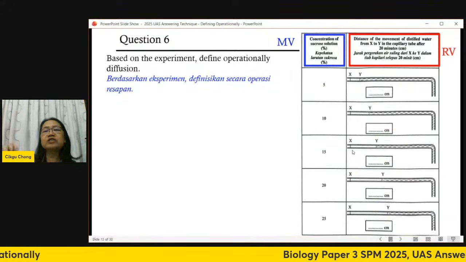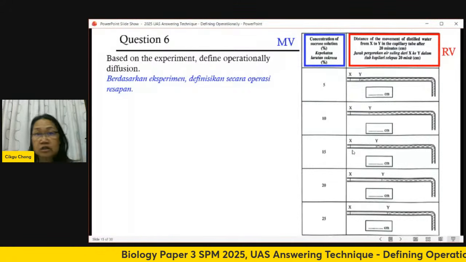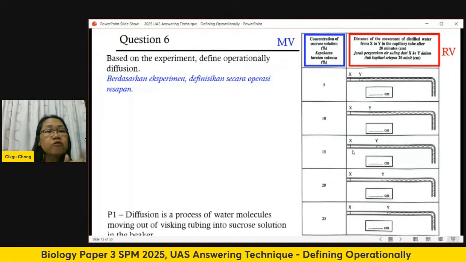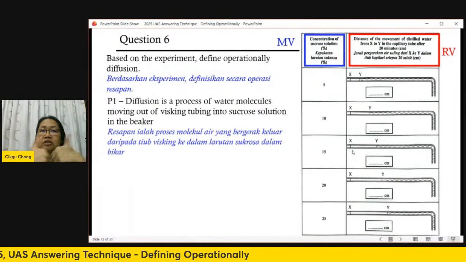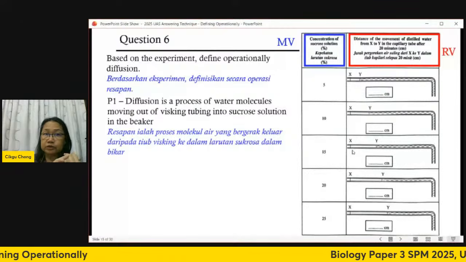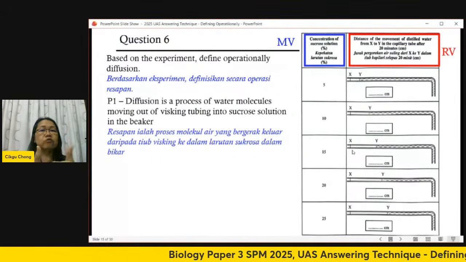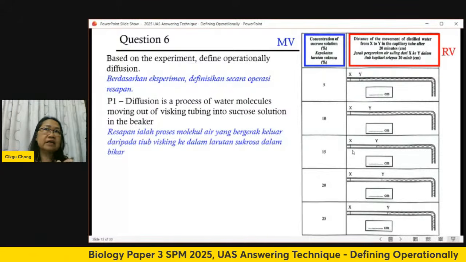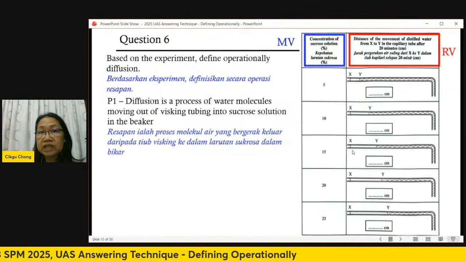You cannot say diffusion is time, or distance. Diffusion is the movement of water molecules out of the Visking tubing into the sucrose solution. So you've got to be specific. You have your water, you have sucrose there, and the movement is from inside the Visking tubing outside. So this is specific to what you were given.